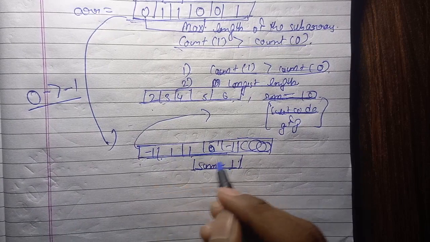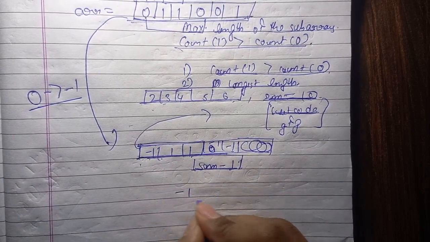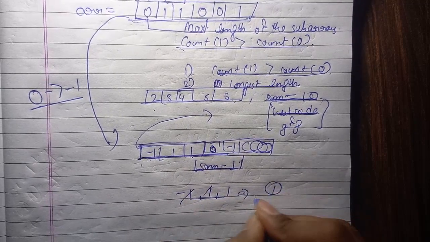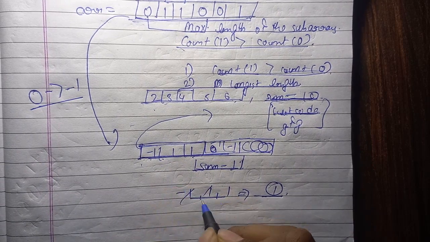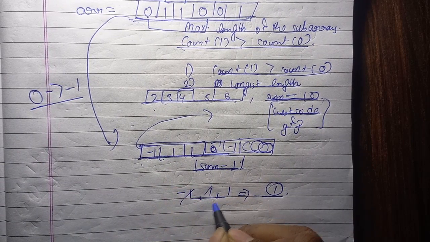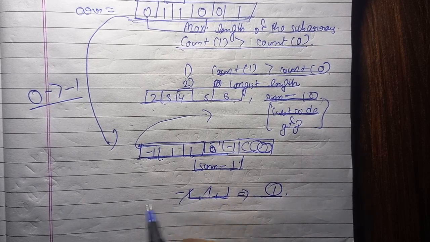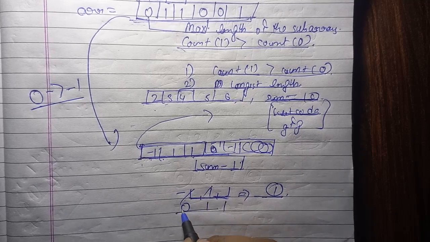Let us suppose this is my subarray: -1, 1 and 1. What is the sum? The sum is 1. If you look carefully, you will get to know that it has more 1s than -1s. And what is actually -1? -1 is actually 0; I have updated it.